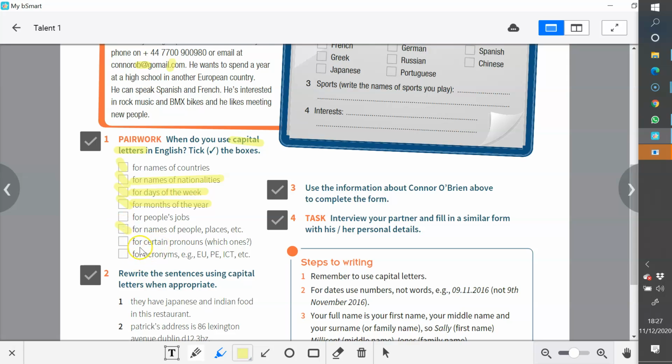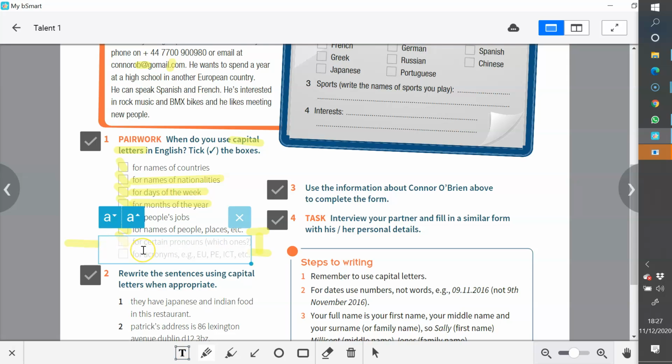For certain pronouns, that's right, because for example, in English we say I with a capital letter. We never write it in lowercase. It is a mistake.